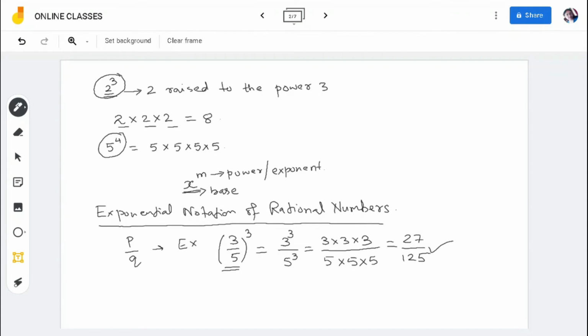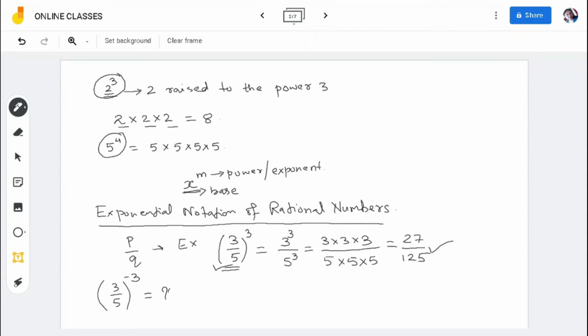Now a very important thing we have to know in this chapter is what happens if the power or the exponent is a negative number, right? So let's see the same example, 3 by 5, if the power is negative, at that time how can we solve this?